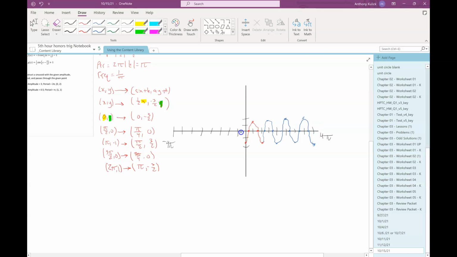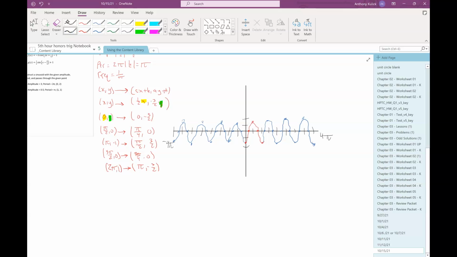And then doing the same thing over here on the other side, following the same pattern of midline, maximum, midline, minimum. And there we go.